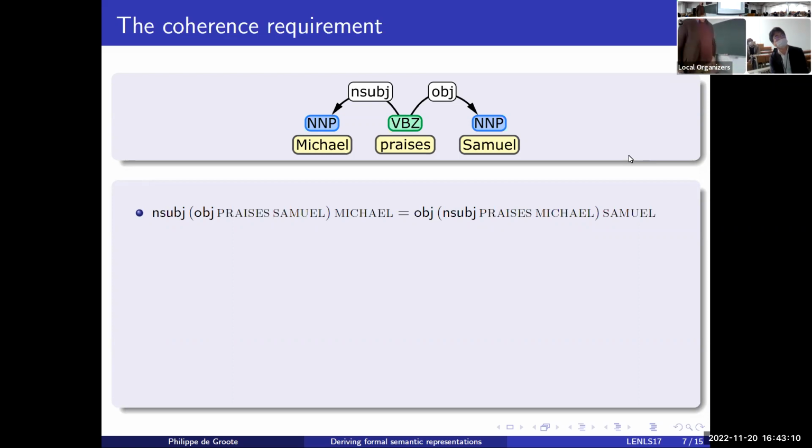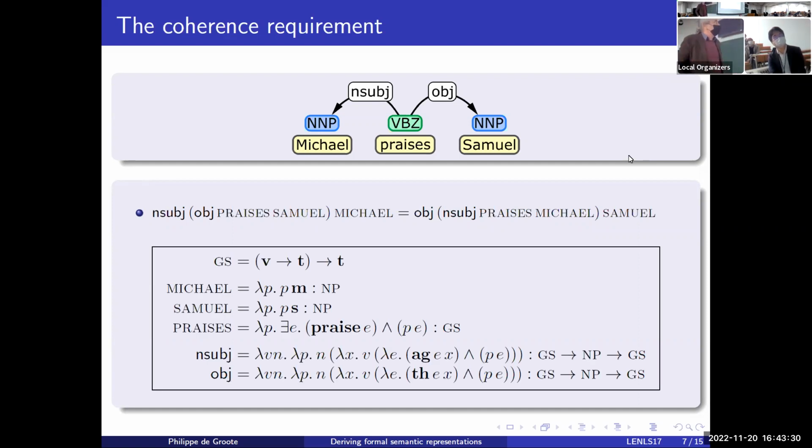A way of doing this, which is also interesting for partial interpretation of partial structures, is to rely on event semantics.